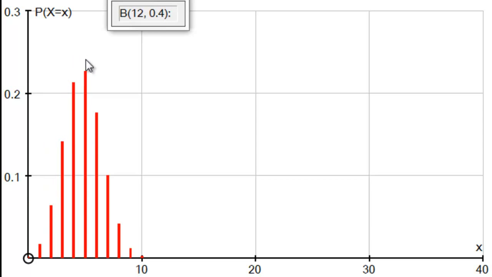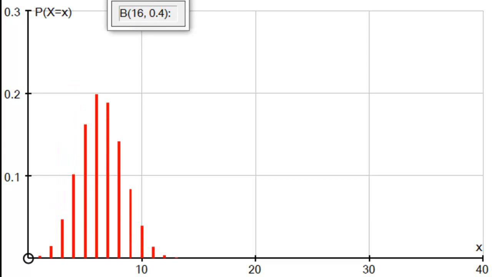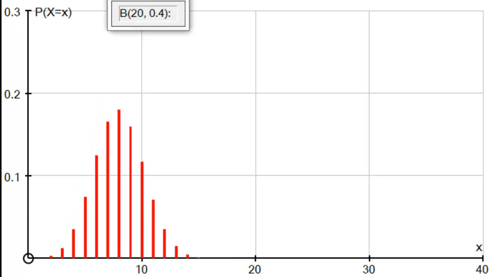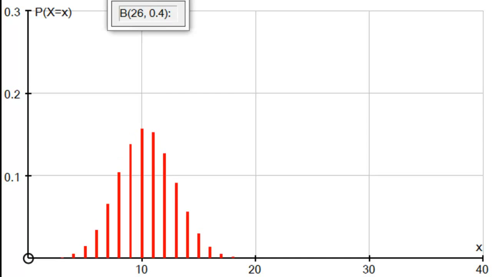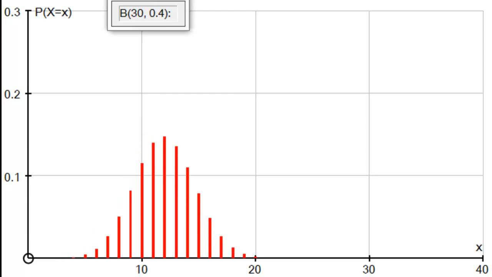The distribution changes. It's not approximately a normal distribution yet, but as we start to increase n, let's see what happens. It starts to work towards the shape of a normal distribution very quickly compared to when we were doing one just before.